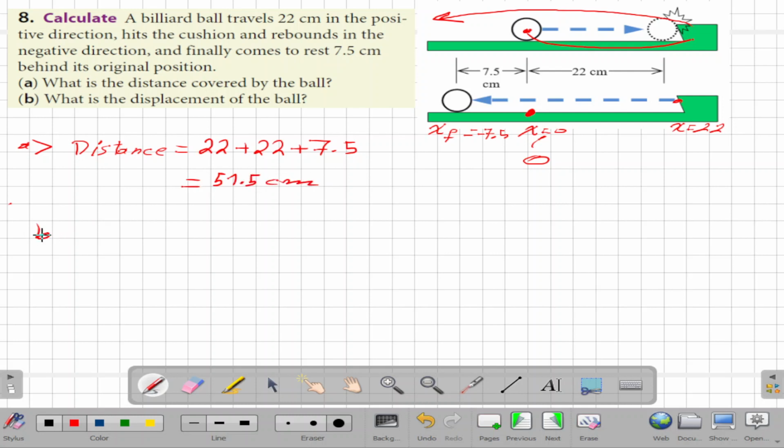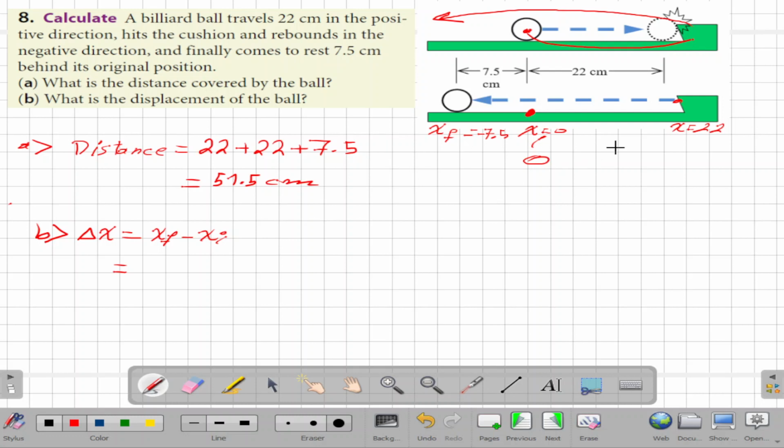Okay, part B, what is the displacement of the ball? The displacement is the net change in position of the object. We can apply this formula to find it: x final minus x initial, taking into consideration only the final position and the initial position. According to our graph, the initial and final positions are shown here.